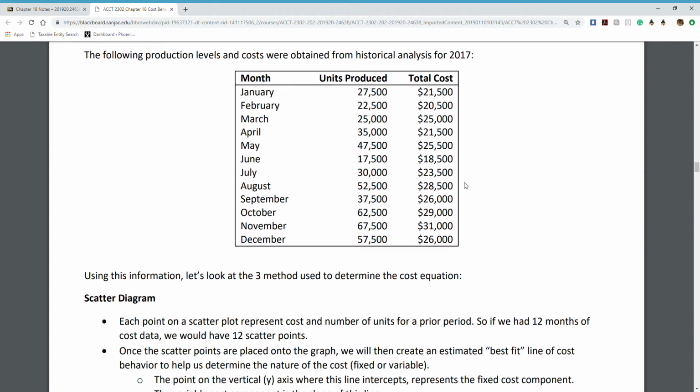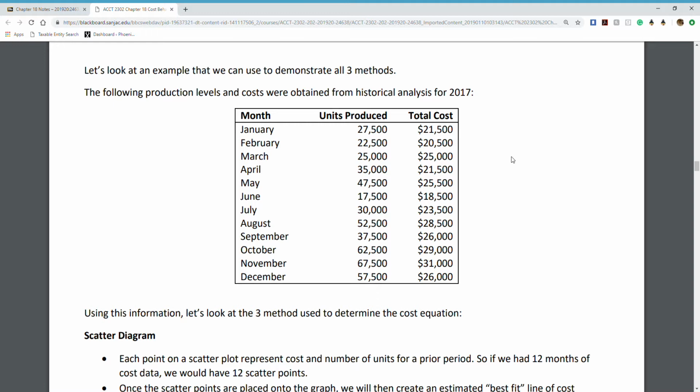We're going to use this graph right here for all three methods. The only thing that's going to be different is that we're only going to have one in this video, because if I try and do all three, this video is going to be hugely long, and really you just need to focus on one right now anyway, because the other two actually need calculators or Excel.